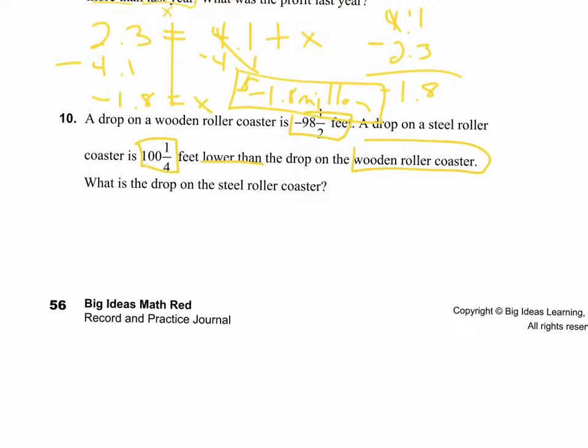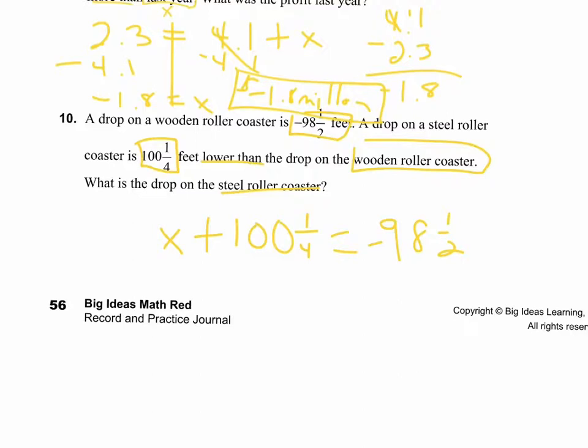Okay, so we know that X, which is the steel roller coaster, plus the 101/4, right? Has to equal that negative 98.5 feet, okay? Because the wooden roller coaster is 101/4 feet higher than the other one, okay? So, than the steel roller coaster.